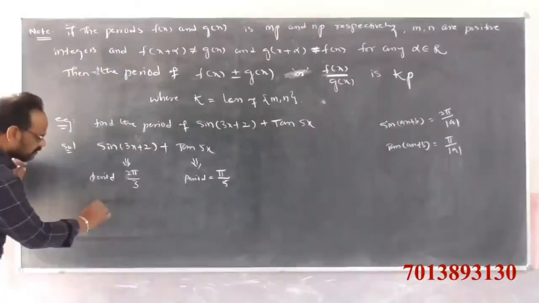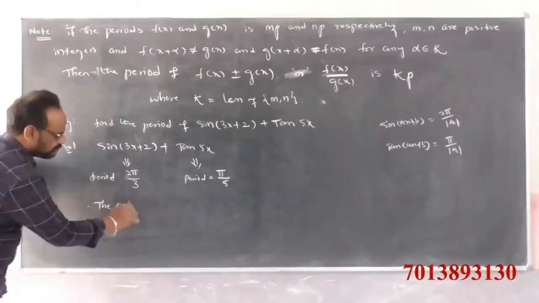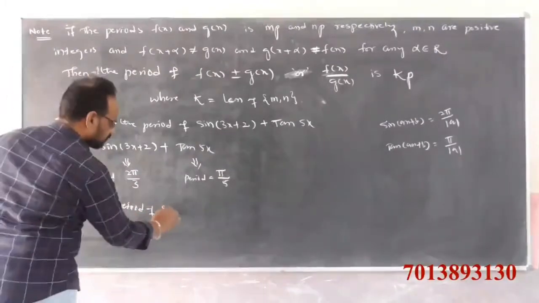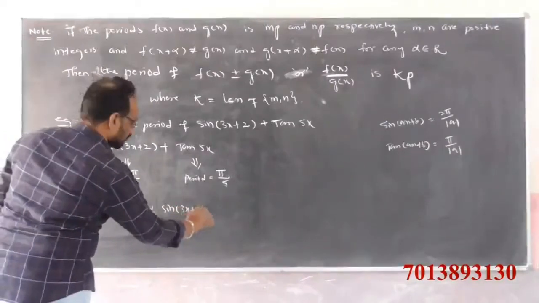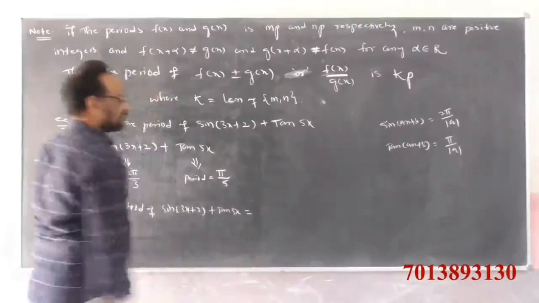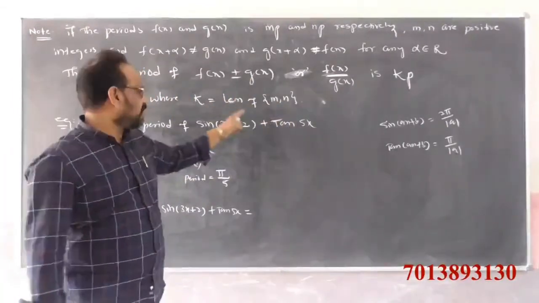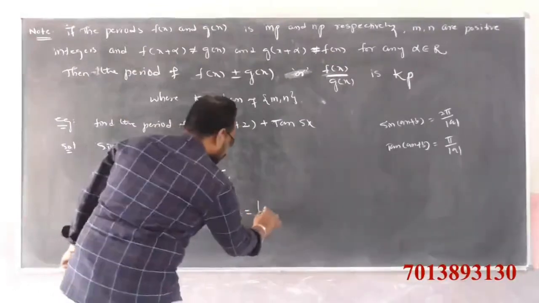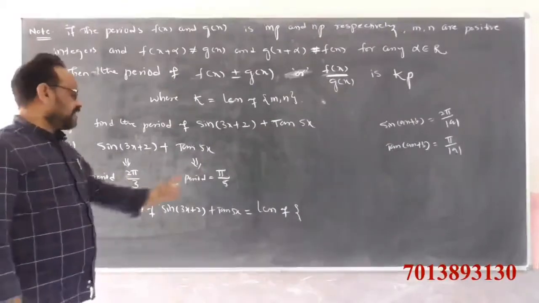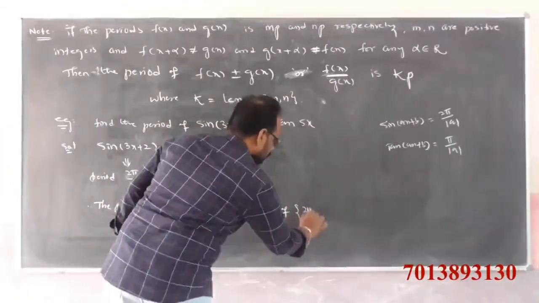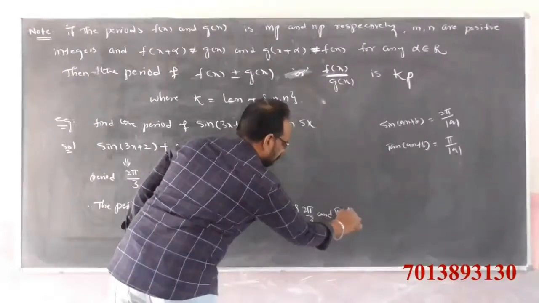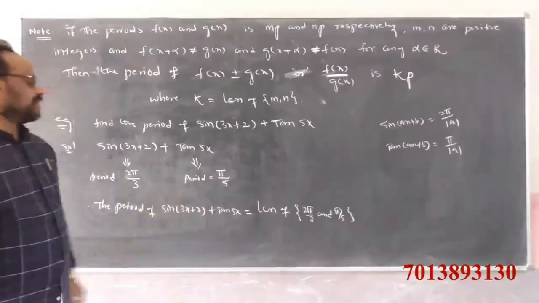Therefore the period of sin 3x plus 2 plus tan 5x is k p, where k p is the LCM of 2 pi by 3 and pi by 5.